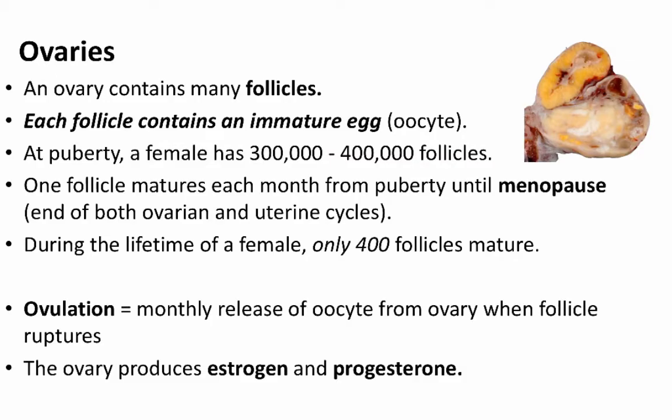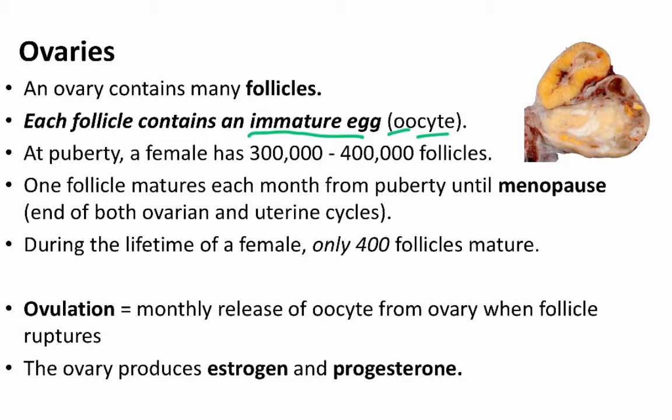So ovaries contain structures that are referred to as follicles. And within each follicle is an immature egg, which is called an oocyte. At puberty, women have about 300 to 400,000 follicles, each of which has an oocyte within it.